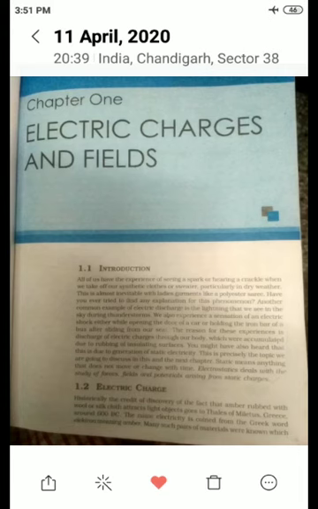Another set of daily life experiences are when the metallic bodies of cars and trucks get charged because of friction between them and air rushing past, and this large charge can produce even a spark. Such a spark can be dangerous in the case of a petrol tanker, and that's why petrol tankers often have a metal chain dragging along the ground so that this charge leaks to the ground.